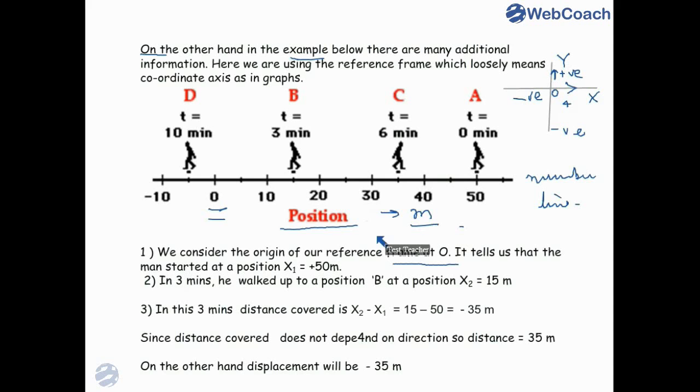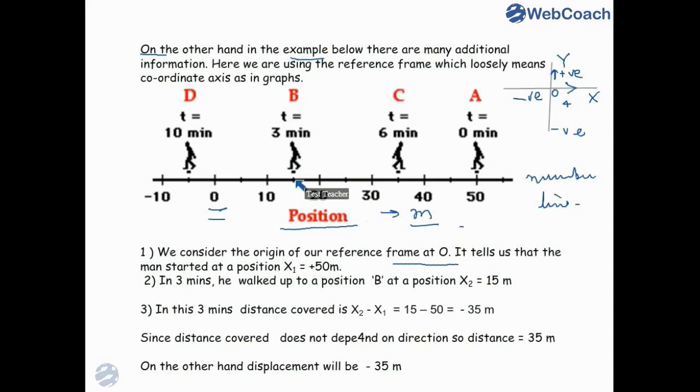Yes, ma'am. Okay, so now let us look at the various positions. One has to be very careful to look at the time given. It's not that from A to C is the time given. He starts from here. The next time is that of when he reaches B. That means he goes from A to B in 3 minutes.